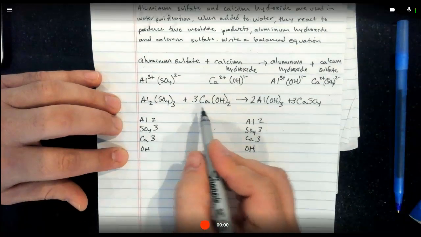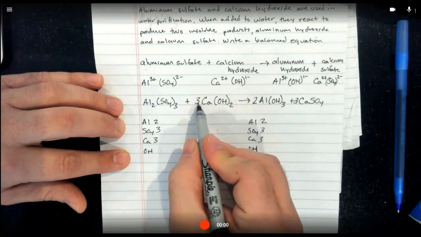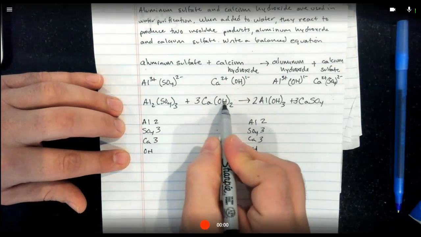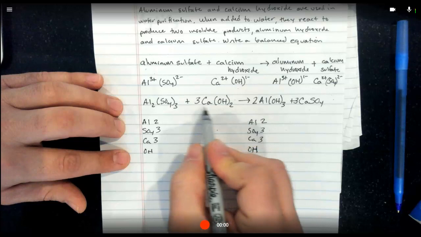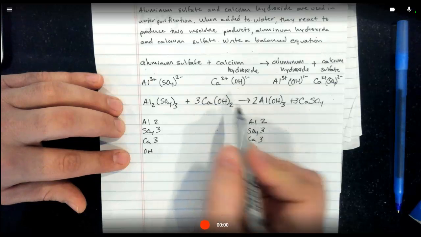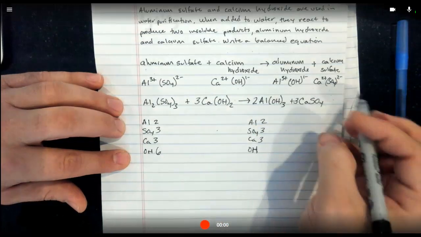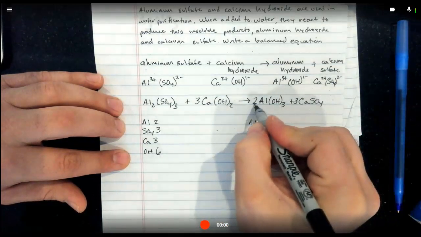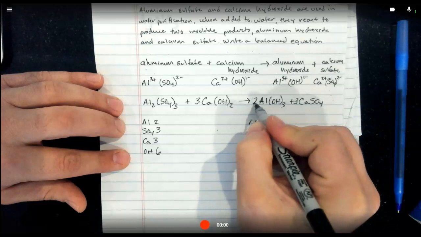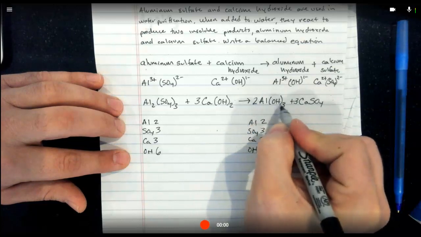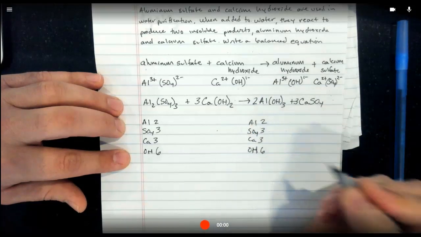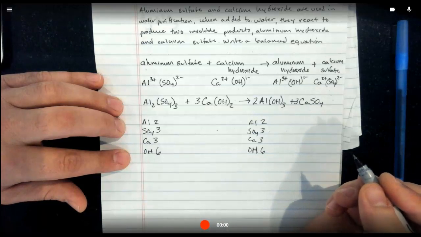On the reactant side, we have 3 times 2. We have 6 hydroxides because this 3 distributes. And we have 2 times 3 because this 2 distributes. We have 6 hydroxides on the product side.